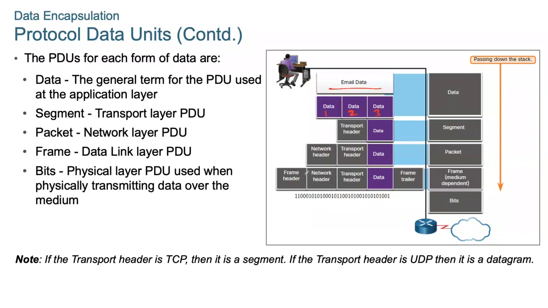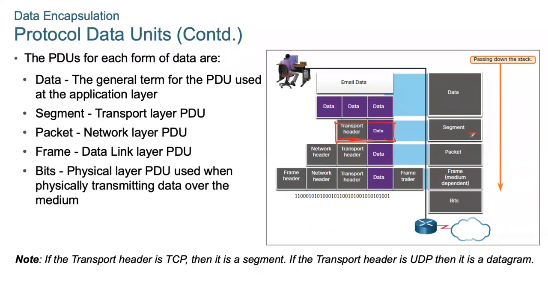When it is divided by the transport layer, the transport layer header is added to each individual piece of data. The data plus the transport layer header is known as a segment.